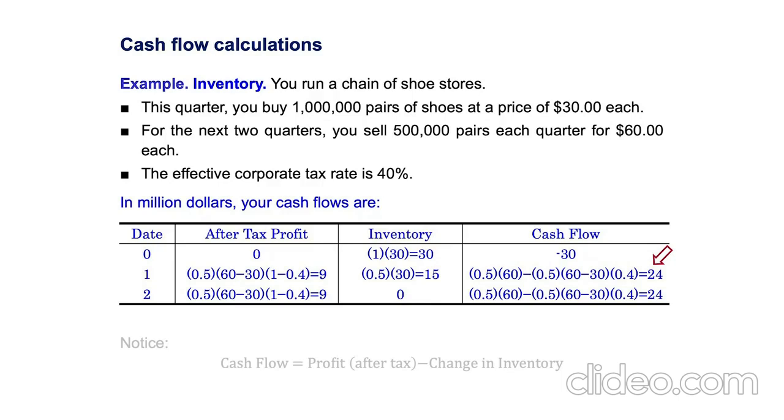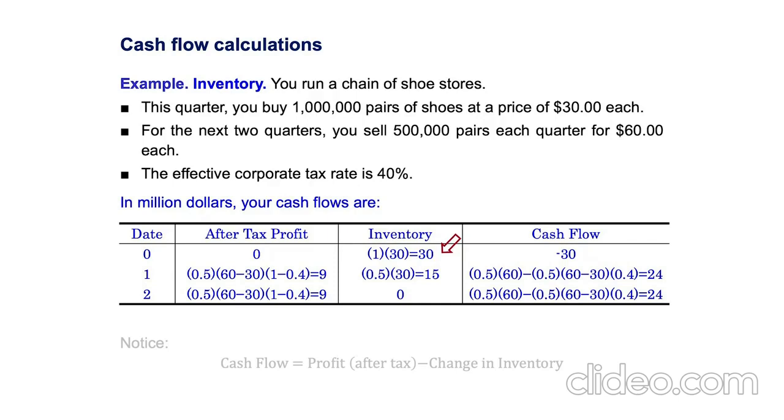Another way is to look also at the inventory, which is given in column 3 in the table. Since inventory carries a price, its change implies a cash flow. In particular, a change in inventory implies an opposite cash flow of the same amount. Therefore, for quarter 0, inventory increases by $30 million.